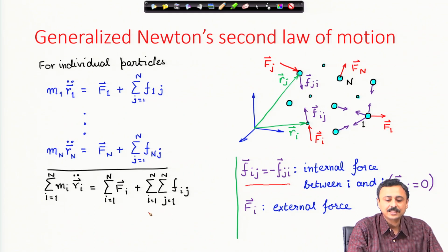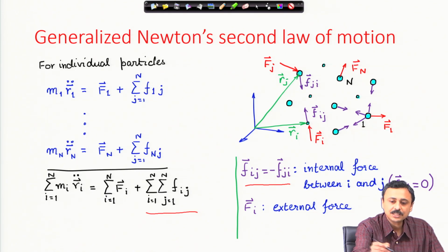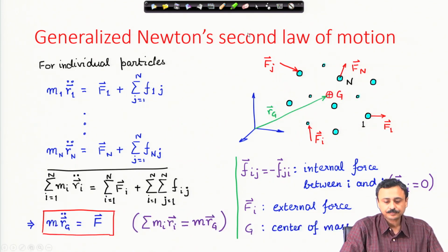This double summation has everything, it has F_12, F_21, F_13, F_31, etc., and it gets summed over. Therefore, this summation obviously must vanish. What is left now is this form: total mass times acceleration of center of mass must be equal to the total external force applied.